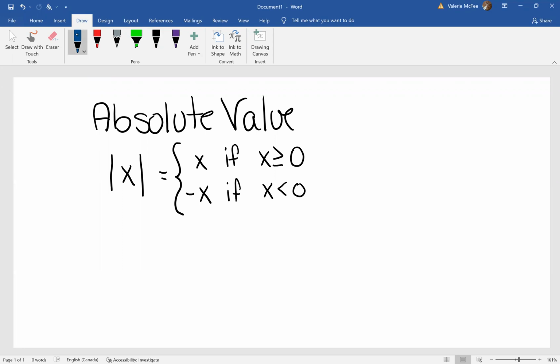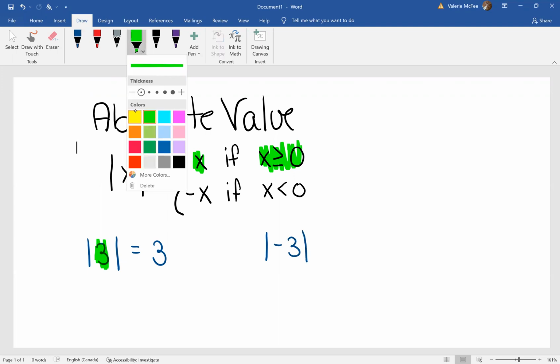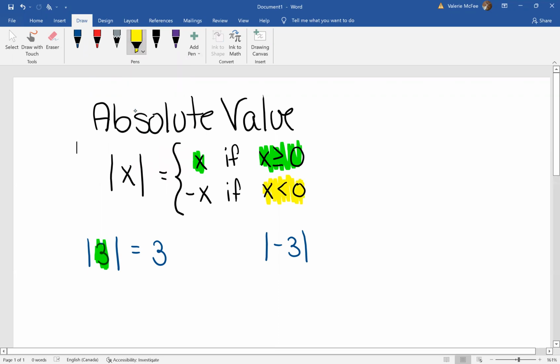So what that means is if we're asking for the absolute value of 3, we see that 3 is greater than 0. So it's just going to equal 3. If we're looking at the absolute value of -3, well, now I see that -3 is less than 0.